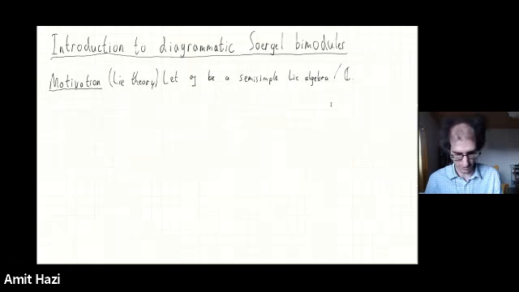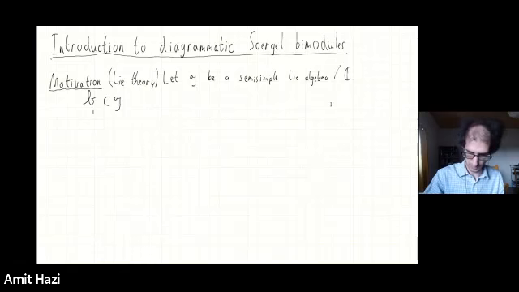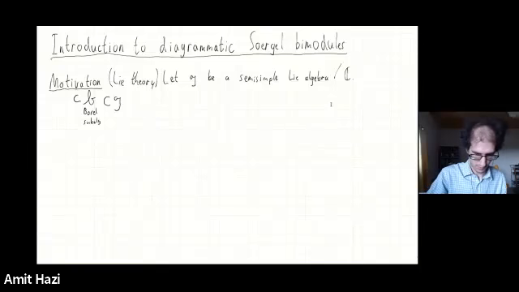Now, inside G, we have a subalgebra B, which is the Borel subalgebra, which we heard Sam talk about yesterday. And inside that, we have H, the Cartan subalgebra.